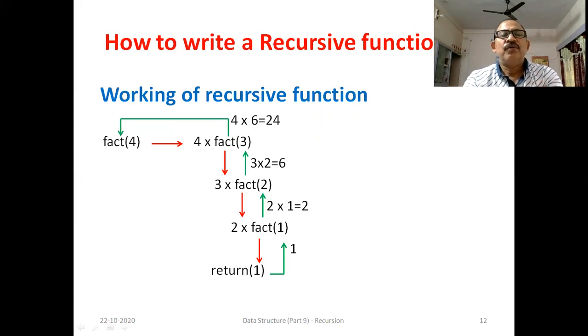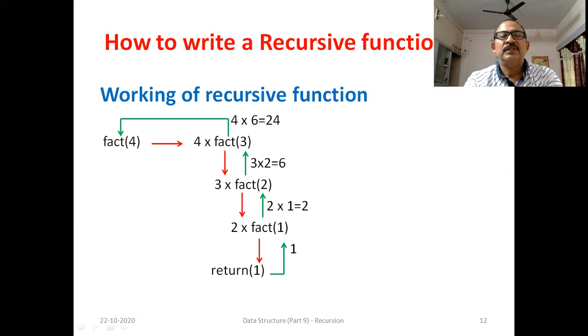Is 4 equal to 1? No. Now we divide this problem into two parts, n into fact n minus 1, that is 4 into fact 4 minus 1, that is 3. Now here 4 into is a suspended activity and the system calls the function fact 3.